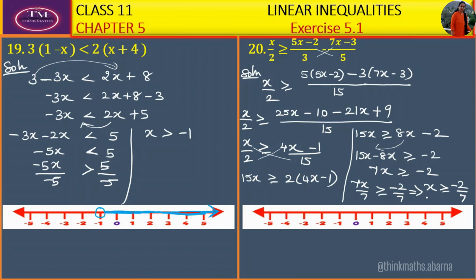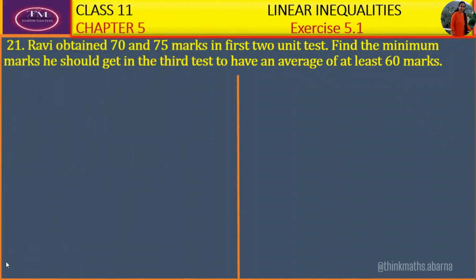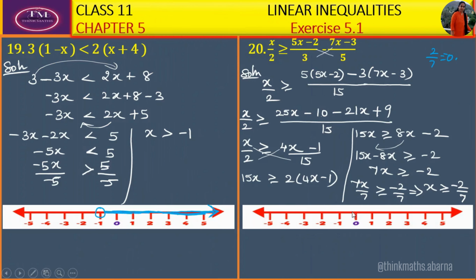Minus 2 by 7 will be in between 0 and minus 1. Minus 2 by 7 is between 0 and minus 1. It is 0 point something, and since it is minus, it is minus 0 point something. So it will be placed this way. As it is greater than or equal to, there is equality here, so that is a slack inequality.